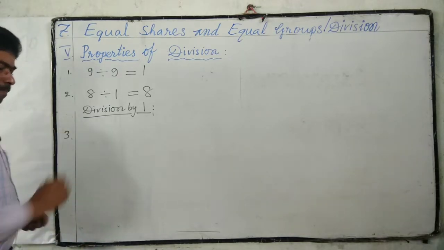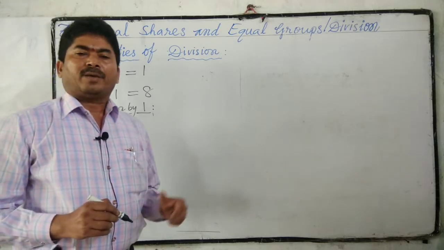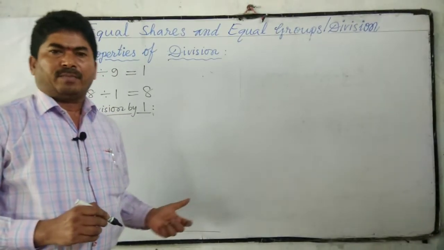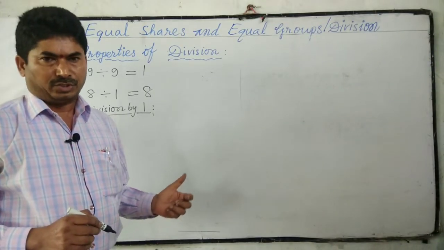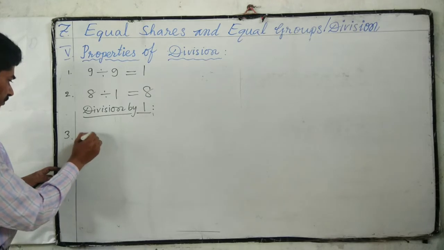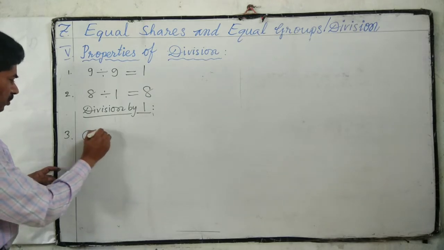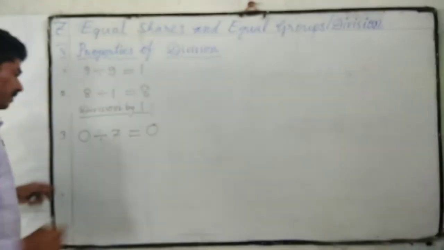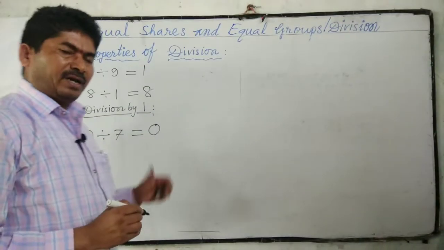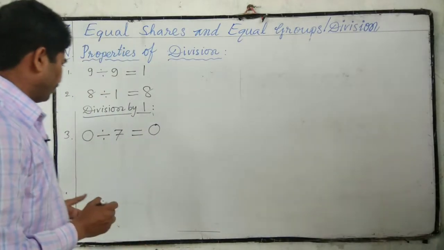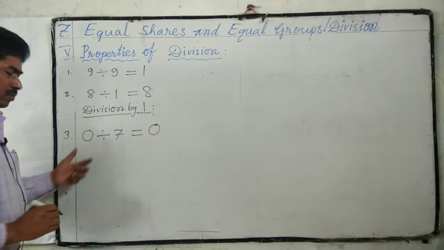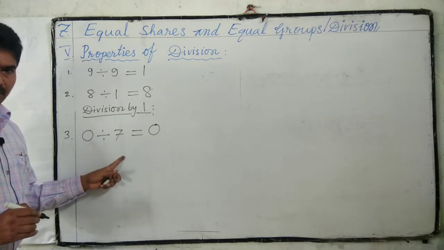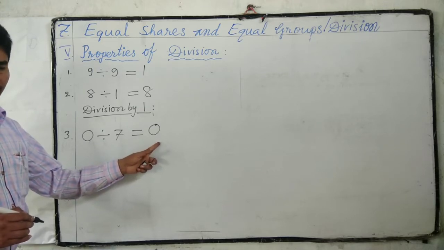So next, when 0 is divided by any number, the quotient is 0. Example, 0 by 7 is equal to 0 only, and 0 by 100 is equal to 0 only.